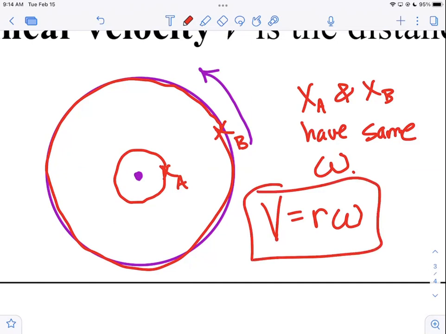If angular velocity is the same for everything on the record or on the merry-go-round, the bigger the radius, the bigger the linear velocity, right? So the further away you are from the center, the faster you have to go, right? And that's why it was always more fun to be on the outside of the merry-go-round, because you were going faster through space, even though you're all making the same rotations in the same amount of time.